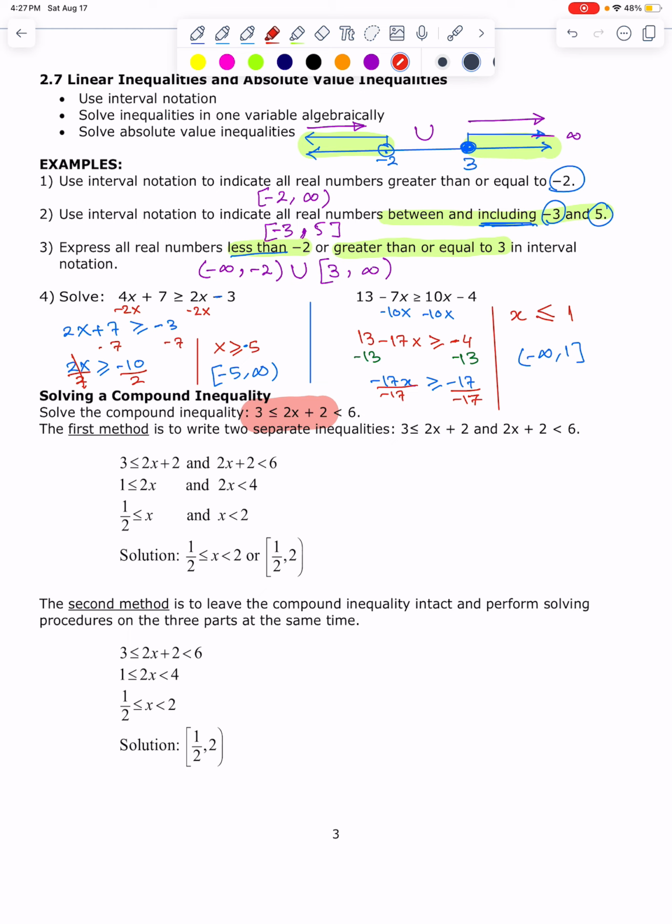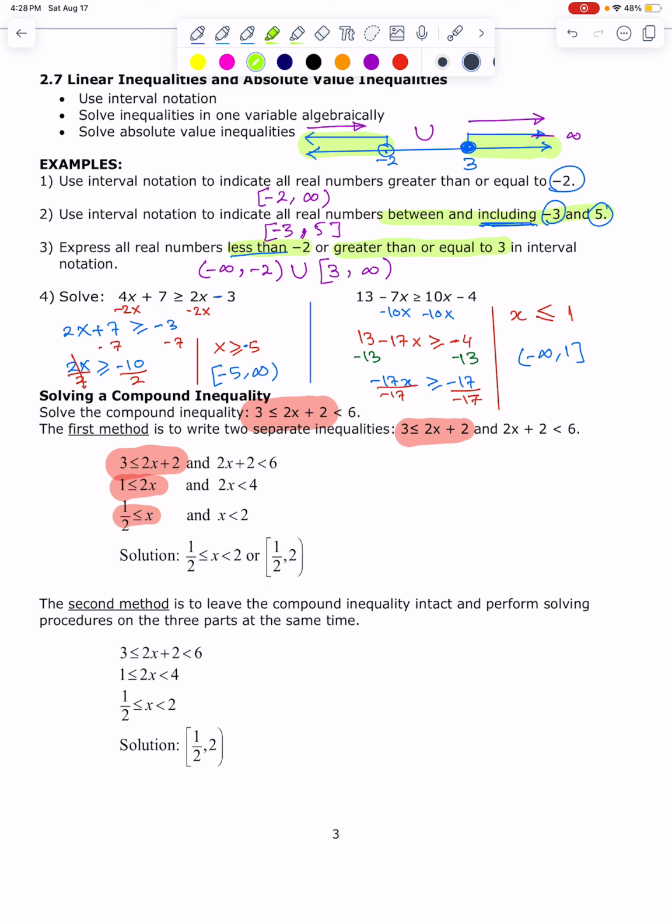If you read it from the variable side, which is the way you should read inequalities, you're going to say 2x plus 2 is greater than or equal to 3. Okay. So if you solve that, you're going to subtract 2 from both sides. You're going to end up with 2x is greater than or equal to 1. And then you're going to divide both sides by 2. You're going to get x is greater than or equal to 1/2.